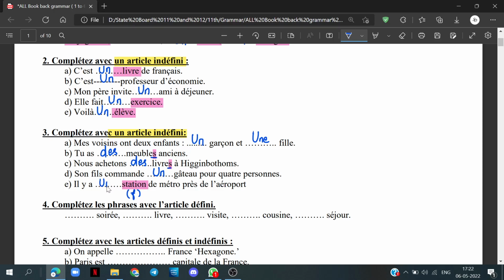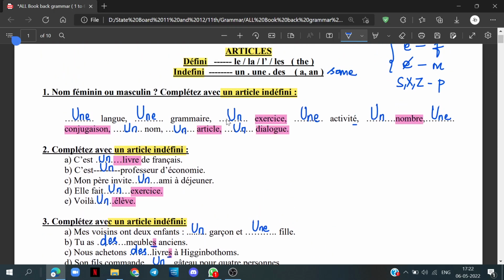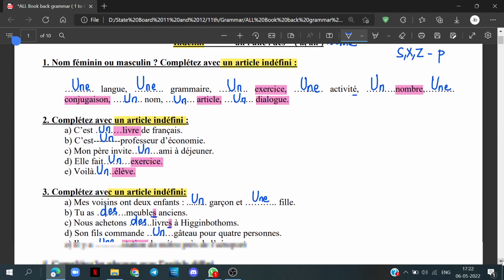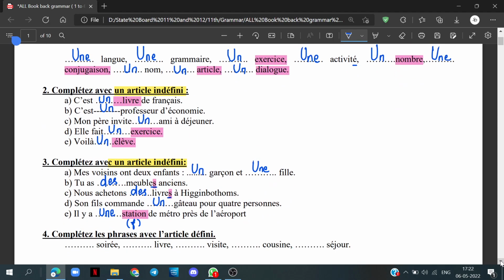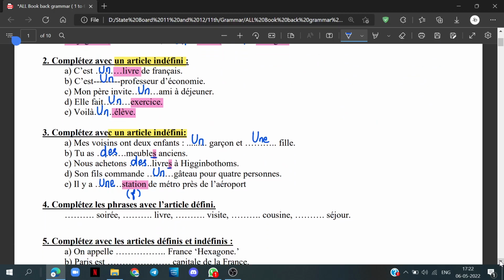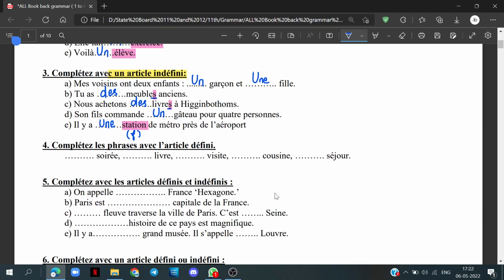It's an exception, so it is une. So the words we saw until now are exercice, nombre, conjugaison, article, dialogue, livre, exercice, élève, station. These are all exceptions. The next one is article definite, which is le, la, l'.